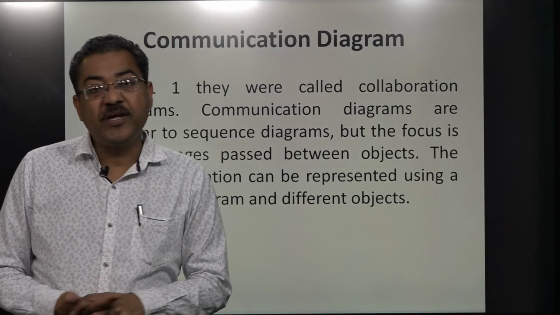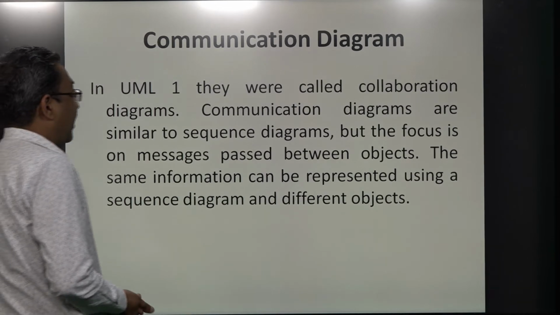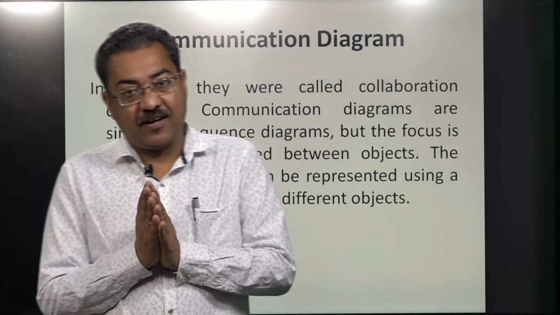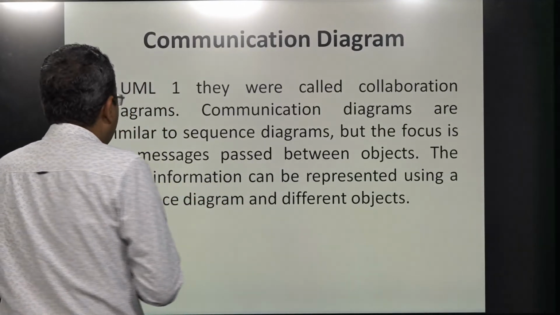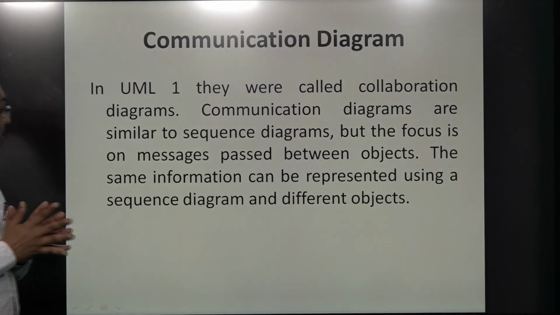Next comes the communication diagram. In UML 1, it was also called the collaboration diagram. So if somebody says I am discussing the collaboration diagram or the communication diagram, the things are the same.